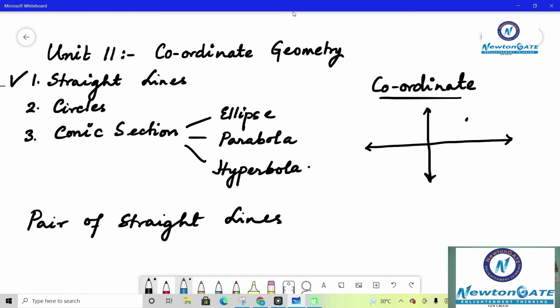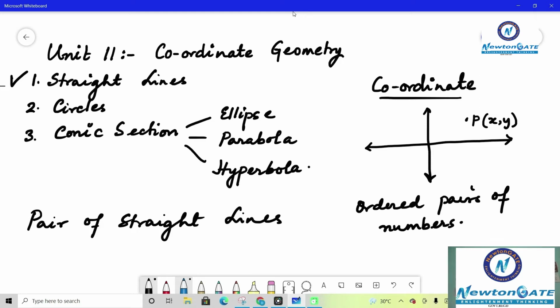To point out a given Cartesian coordinate, we will be requiring an ordered pair of real numbers, x and y.